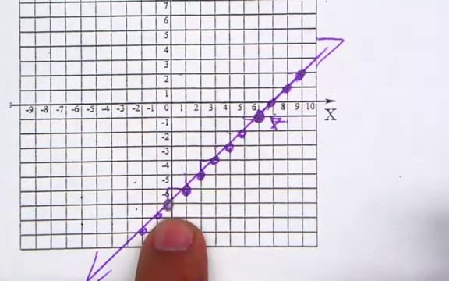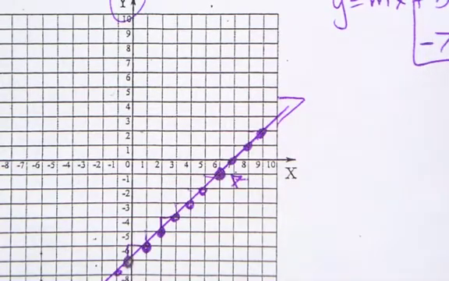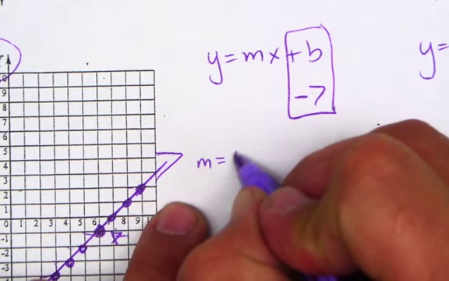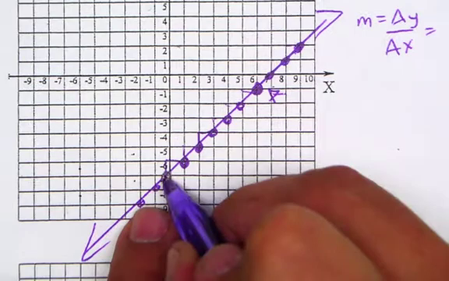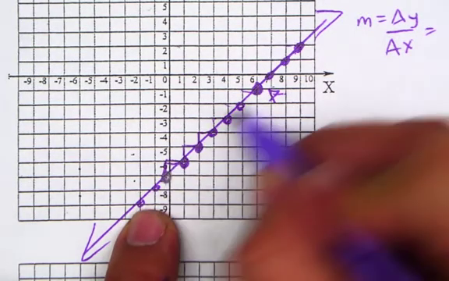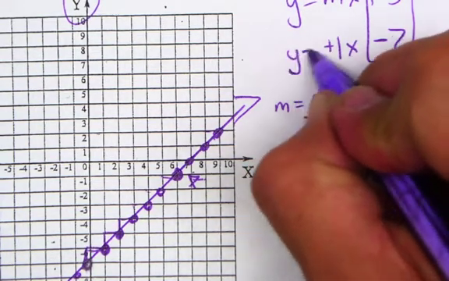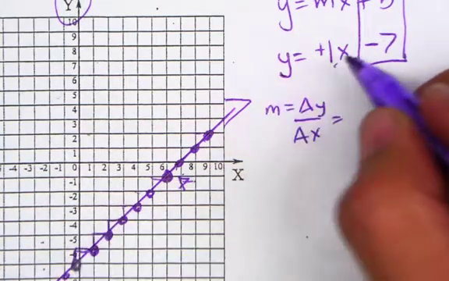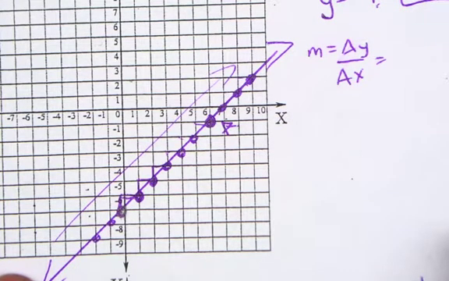Do you know? Where does it cross the y? -7, yes. There you go. So you write -7. And then m is the change in y over the change in x, which you said we were going up 1, right? Up 1 over 1. So it's plus 1x minus 7. There's your equation. Y equals x minus 7, plus because it's going up. You see that? It's going up.